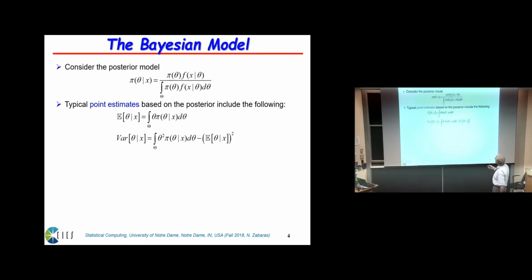Now, even if you don't care about the full posterior and you're only interested in point estimates, such as the mean of the posterior or the variance, you notice that these are all integrals. So even if you don't want to be fully Bayesian, to calculate the expectation of the posterior you have to calculate this integral, and for the variance you have to calculate this integral. So how do we do these integrations?